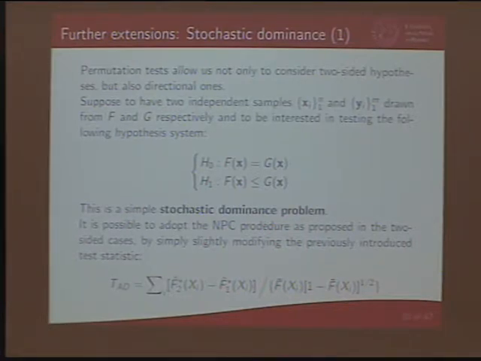Of course, here you have to change the test statistics. So this is the new test statistics that we are considering for each variable. And then the procedure is exactly the same. So you start permuting and combining the tests according to a suitable combination function.